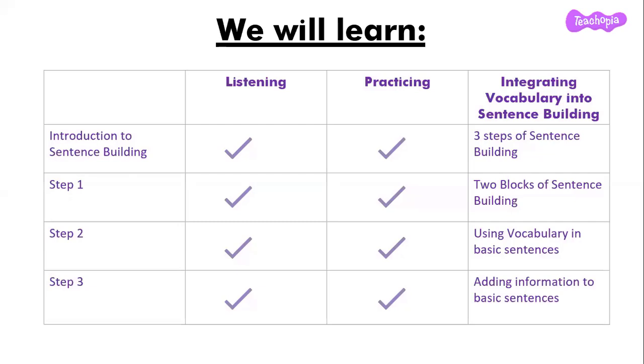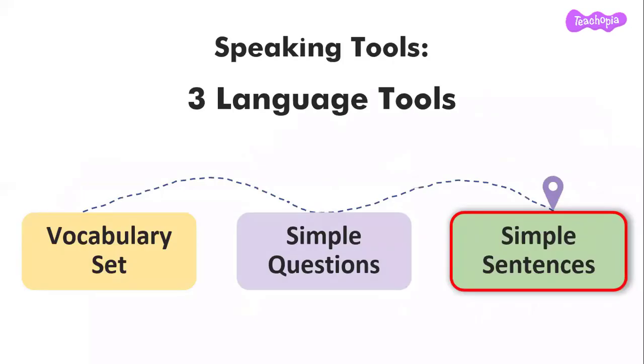So step 1 is learning the 2 blocks of sentence building. Step 2 is using vocabulary in basic sentences. Step 3 is adding information to basic sentences. So now let's look at what we have gone through so far. We've gone through the 3 language tools. That is, one is the vocabulary set, the second is simple questions.